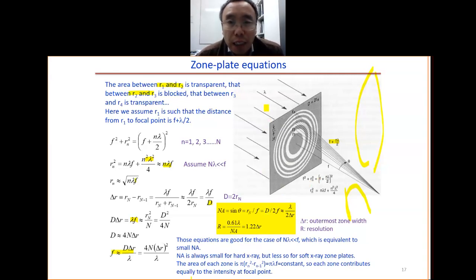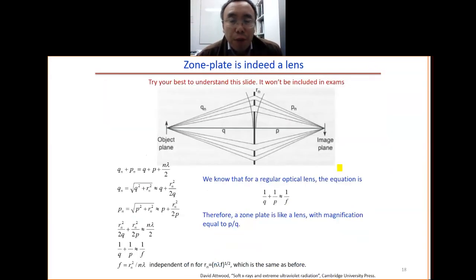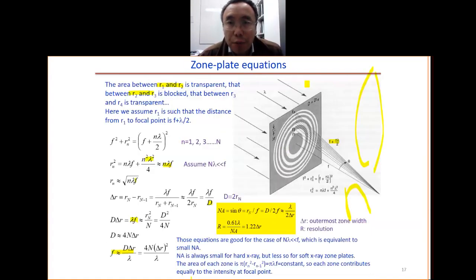So now we see that X-rays can be focused by using the zone plate. But this is still not imaging. To form the image, we want to know that if we put the object here, it will form the image on the other side. Following the example here, the distance is f plus n lambda over 2.